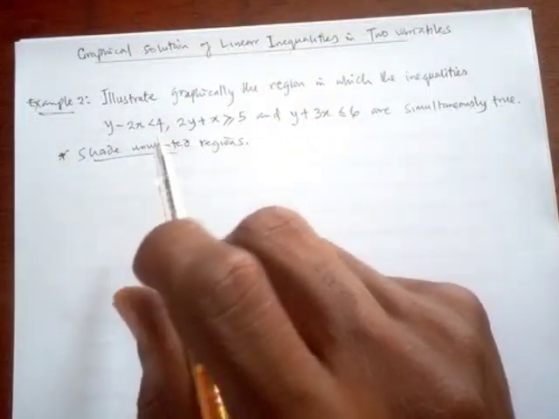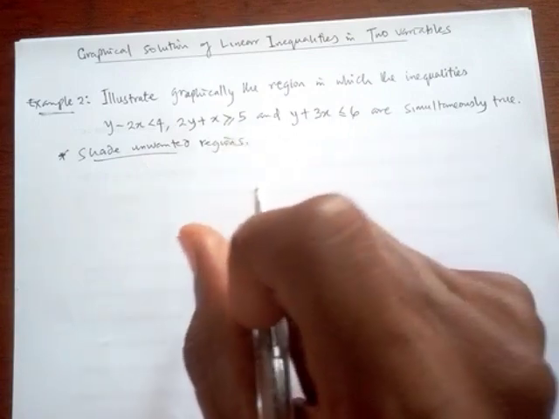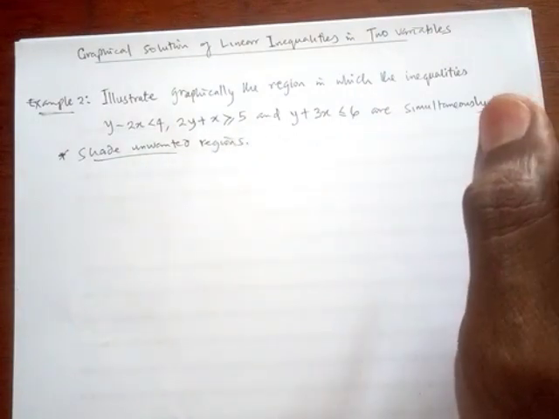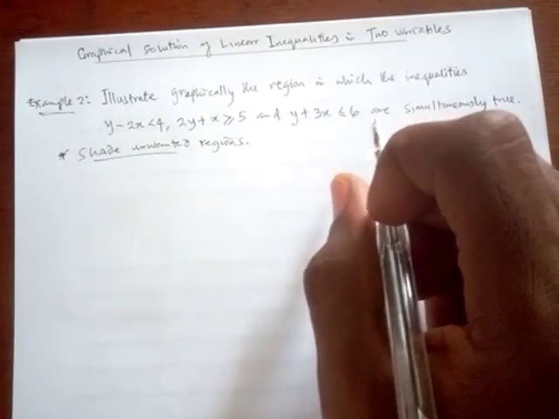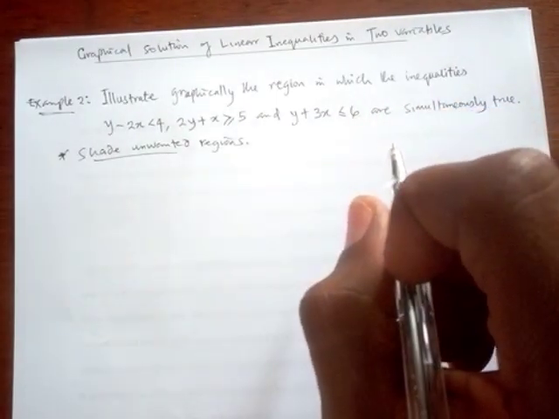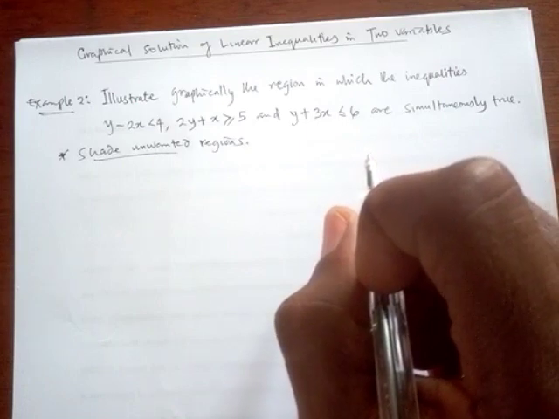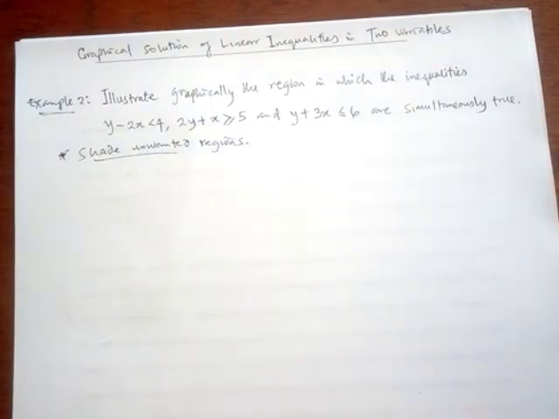So why I want us to shade unwanted regions is because I want us to see clearly the region that satisfies this question. So let's go into the question.